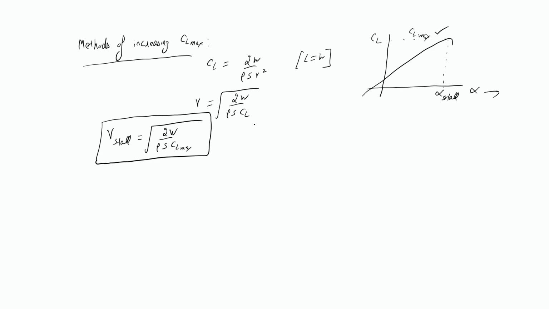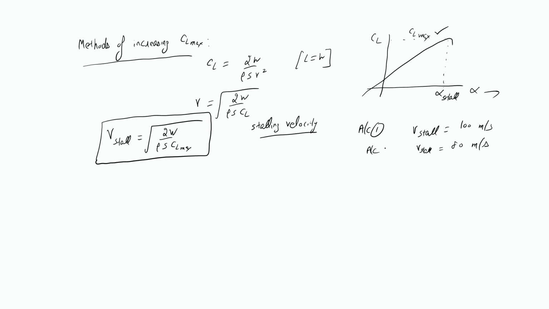Now, when I ask students what is stalling velocity, I give an example. Suppose one aircraft has a stalling velocity of 100 meters per second, and another aircraft has a stalling velocity of 80 meters per second.